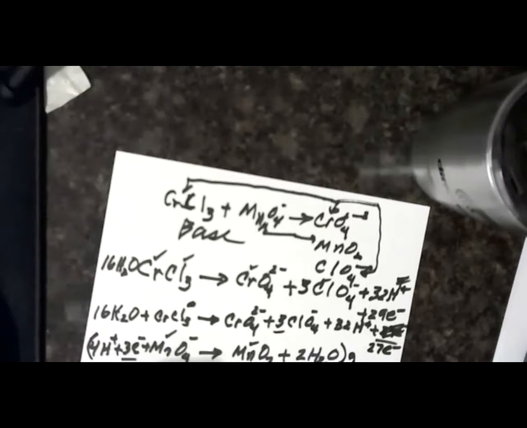So when I do that, I'm going to have 9 times 4, which is 36 H+, and now 27 electrons and 9 MnO4- going to go to 9 MnO2s and 18 H2O.